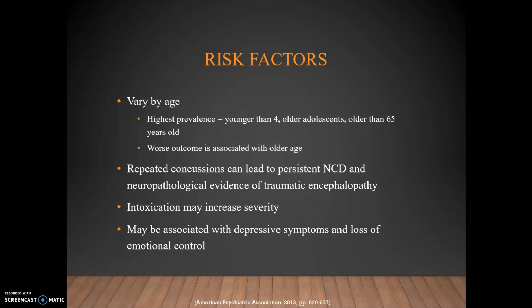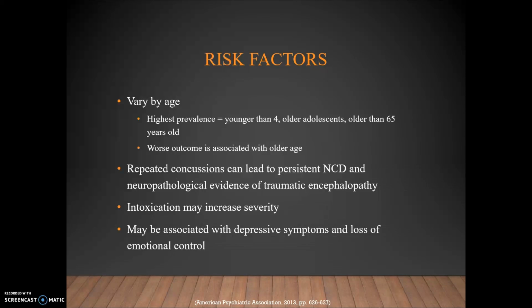So risk factors vary by age. The highest prevalence of traumatic brain injury are children younger than 4, older adolescents, and adults older than 65 years old. And the worst outcome is associated with older age. Secondly, repeated concussions can lead to persistent neurocognitive disorder and neuropathological evidence of traumatic encephalopathy.